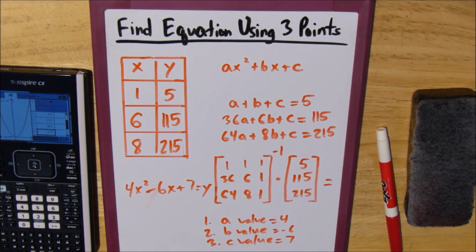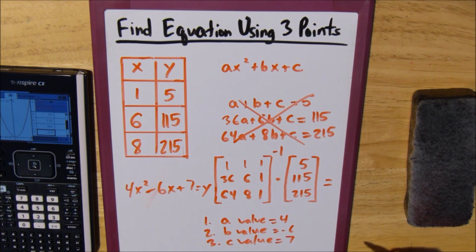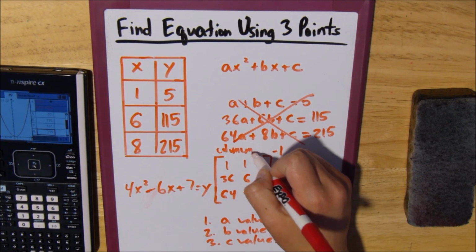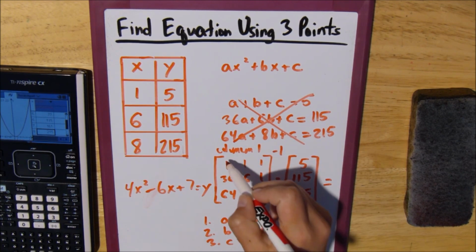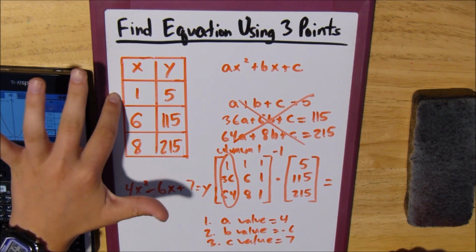Now, what if I told you we could just skip this entire part? We wouldn't have to write out these equations. We could just skip right to the matrices. Well, you actually can. Column 1, this column here, you basically just take your x value and you square it.